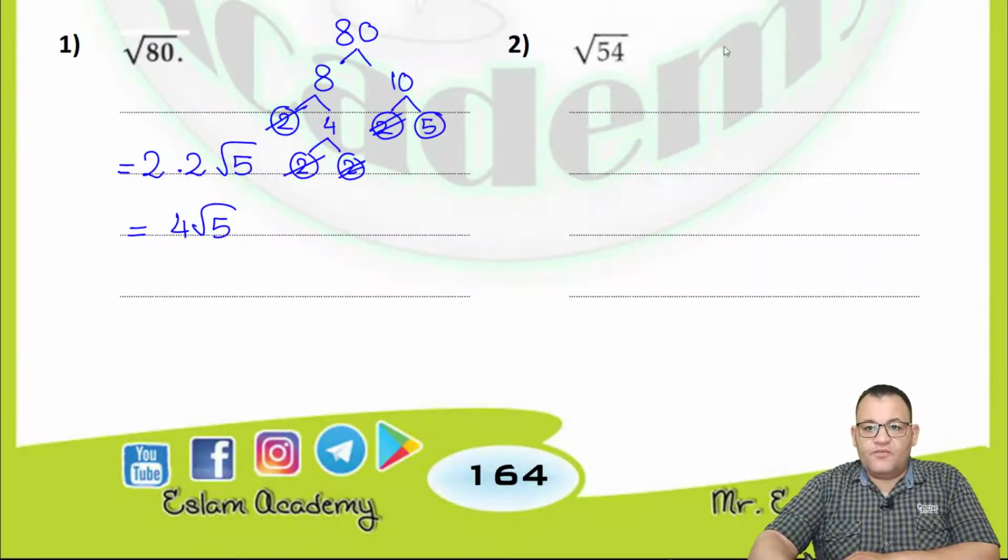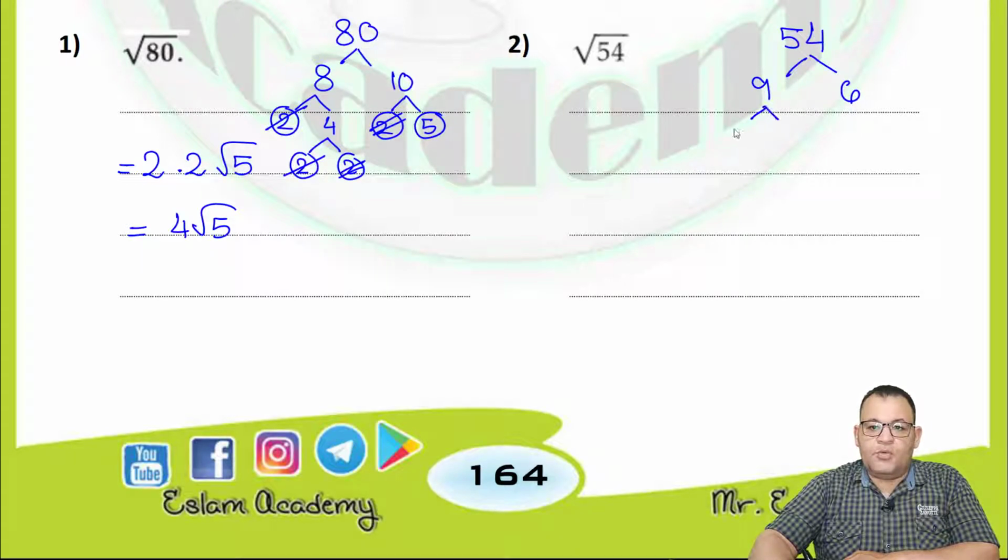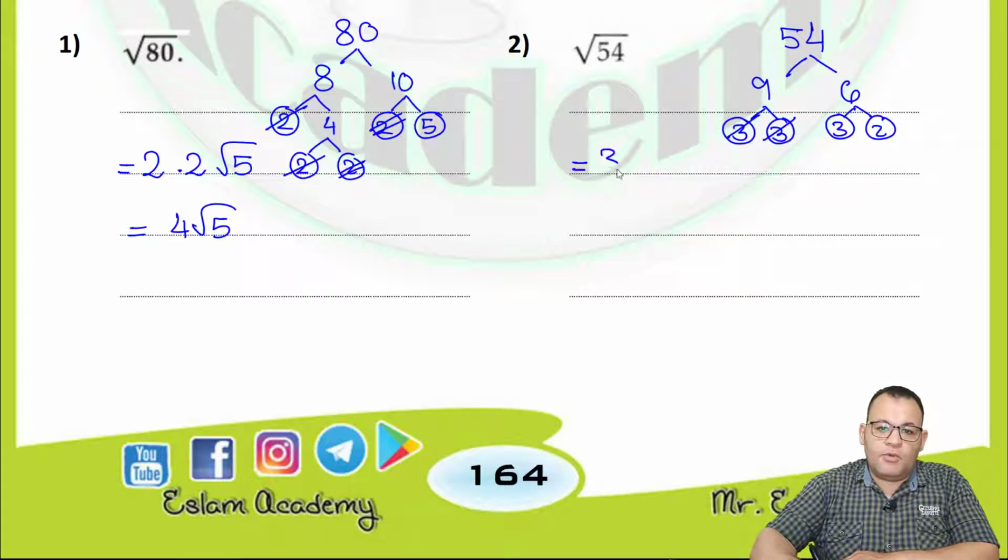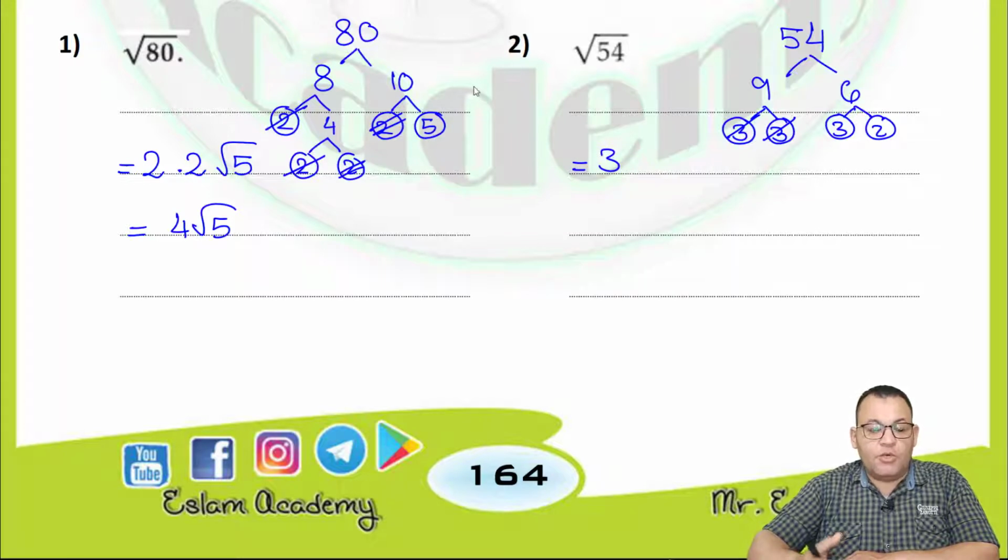The square root of 54, in the same way: 54 equals 9 multiplied by 6. 9 equals 3 multiplied by 3, so we have two similar numbers, and that will be 3 multiplied by 2. We said for each two similar numbers, we take one outside because we have a square root. If it's a cubic root, from each three similar numbers we take one.